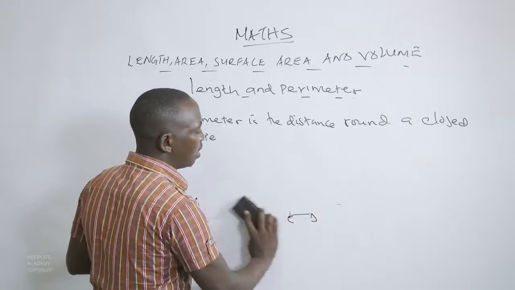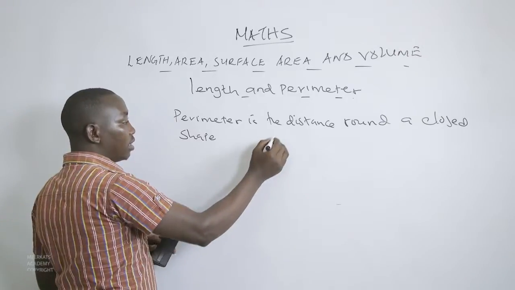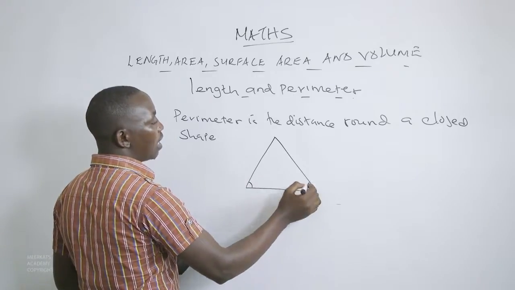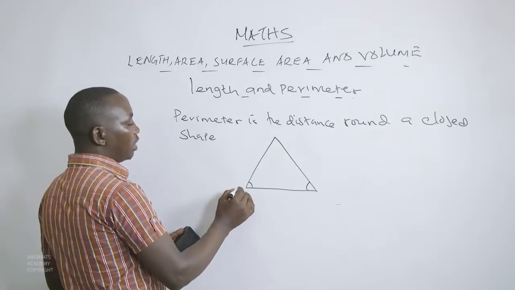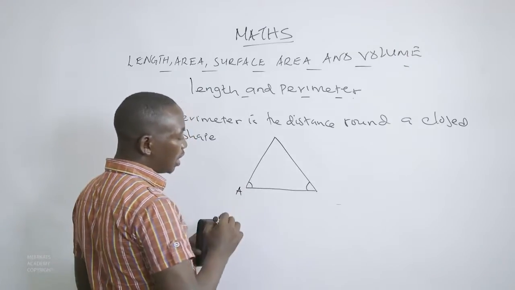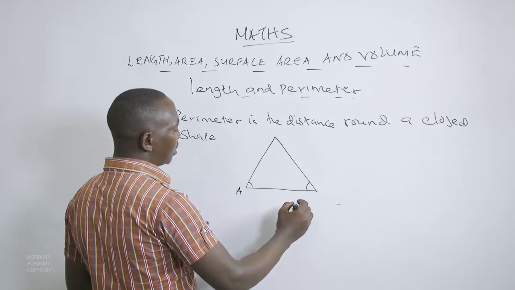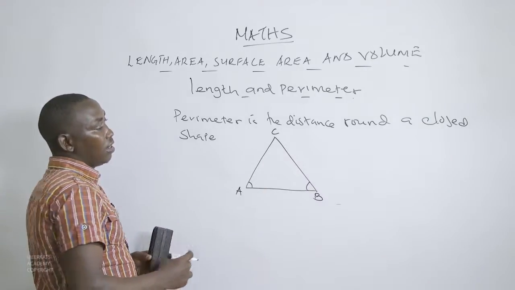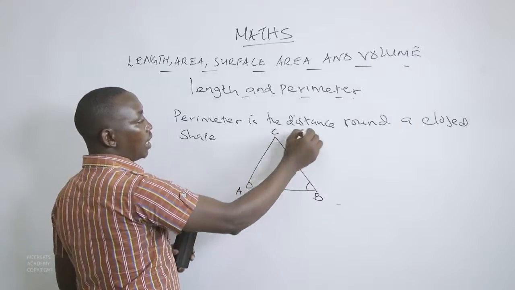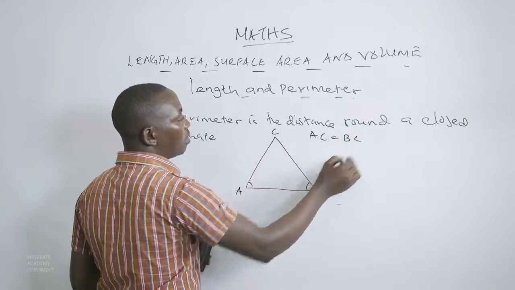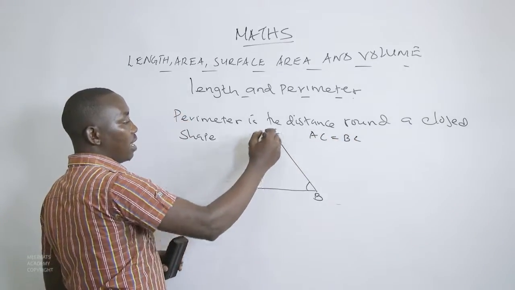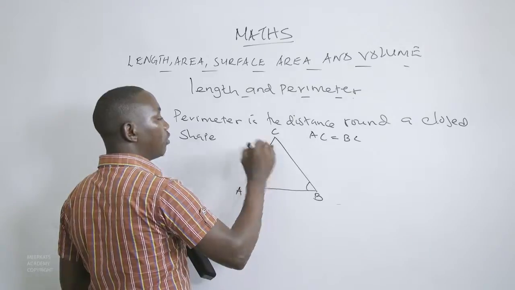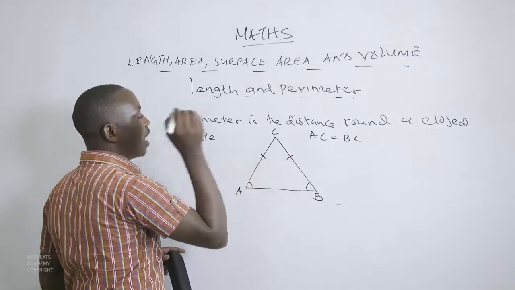For example, if we have an isosceles triangle where two sides are equal and base angles are equal, with vertices A, B, C, and we are told AC is equal to BC, then these lengths are going to be equal, and therefore we denote them with a special mark to show that they are equal.